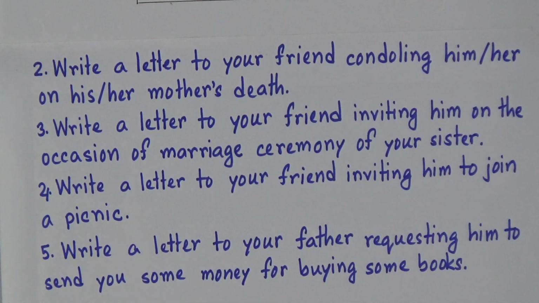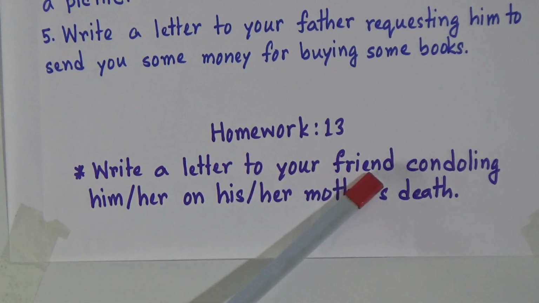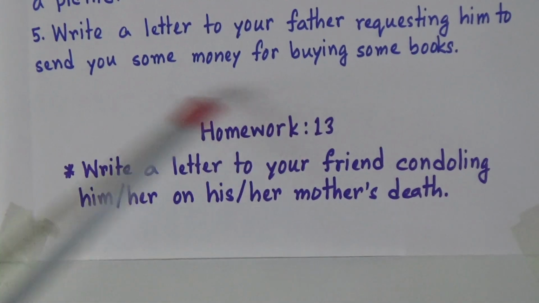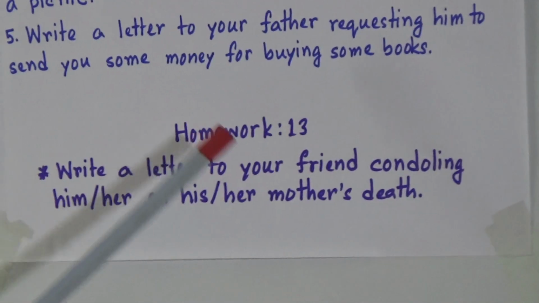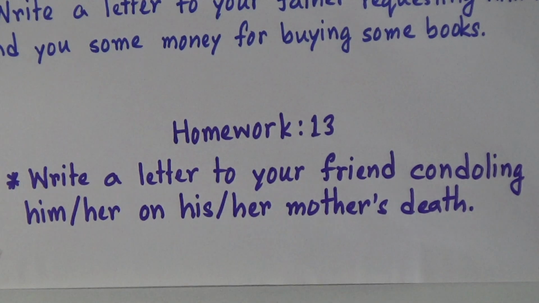And dear students, there is a homework. This is homework number 13. Write a letter to your friend condoling him or her on his or her mother's death. So you will do this letter as your homework by following this sample.